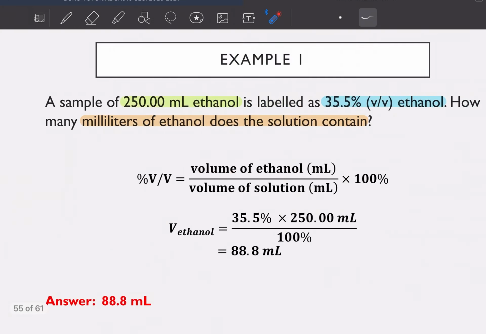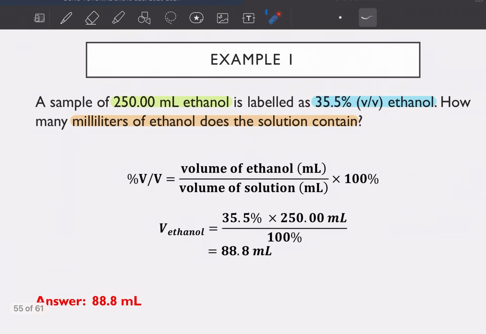Right. Okay, so the example is quite straightforward. It says here that a sample of 250 mils of ethanol is labeled 35.5% by volume of ethanol. How many milliliters of ethanol does the solution contain?